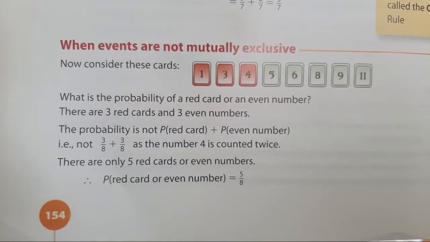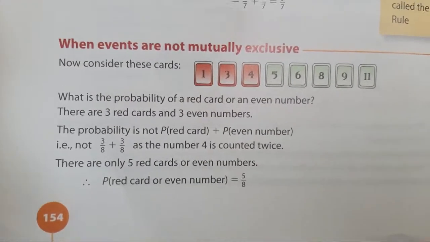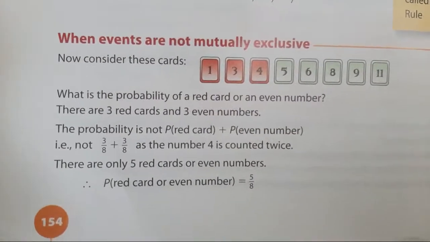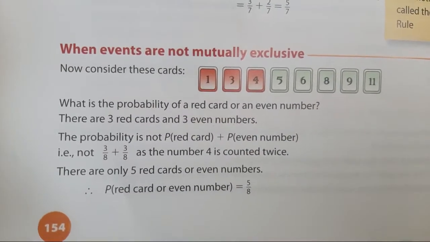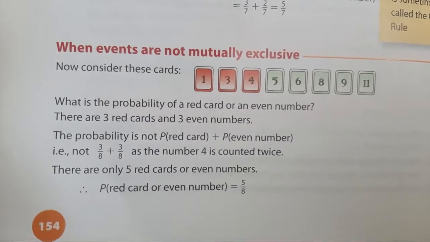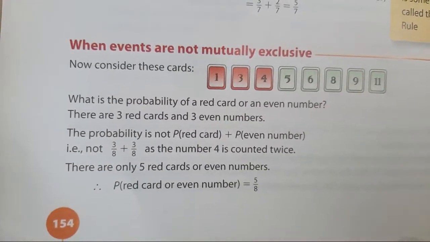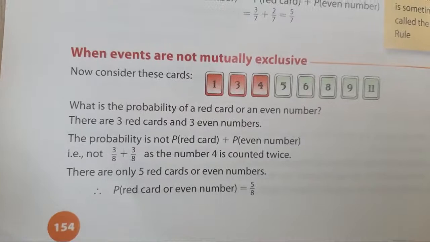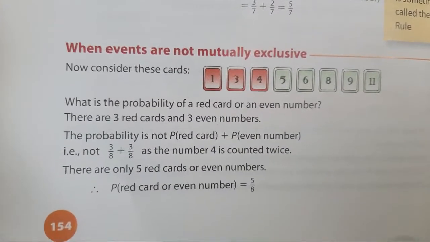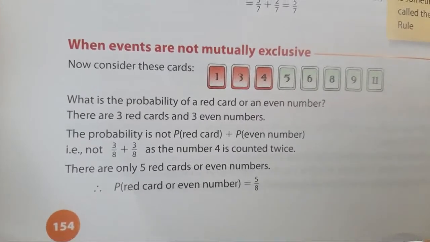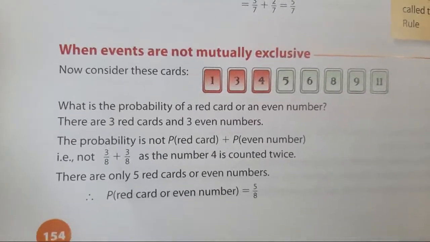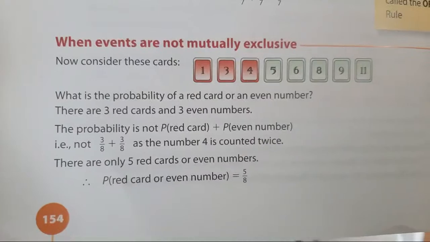So there are 3 red cards and there are 3 even numbers. So first of all, the probability that it's a red card plus the probability that it's an even number, for example, it's not 3 over 8 plus 3 over 8, as the number 4 is counted twice, but you don't want the number 4 counted twice. There are only 5 red cards or even numbers.